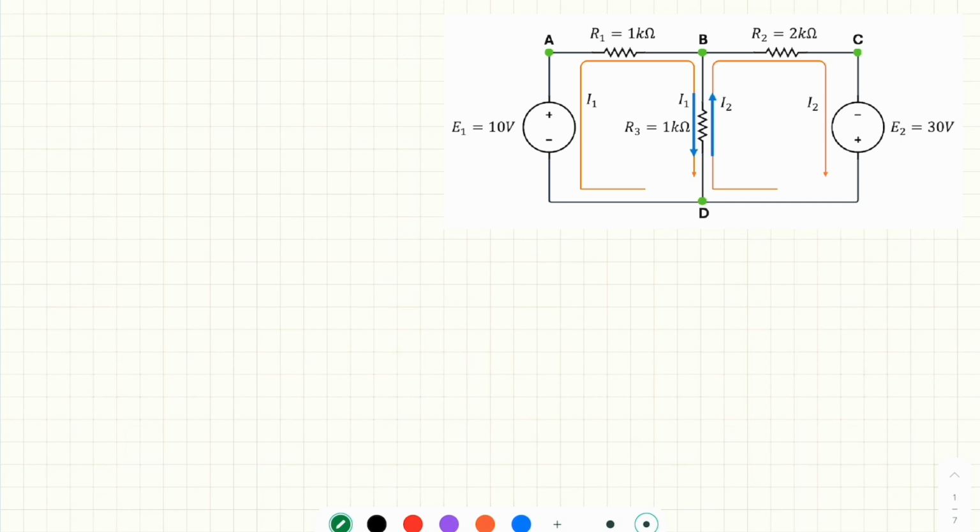The first one is I1, and you can see I1 flowing along the left hand side of the loop, and I2 follows the right side of the loop. So next, the question asks us to write the KVL for each mesh in terms of I1 and I2. Now remember KVL, Kirchhoff voltage law.